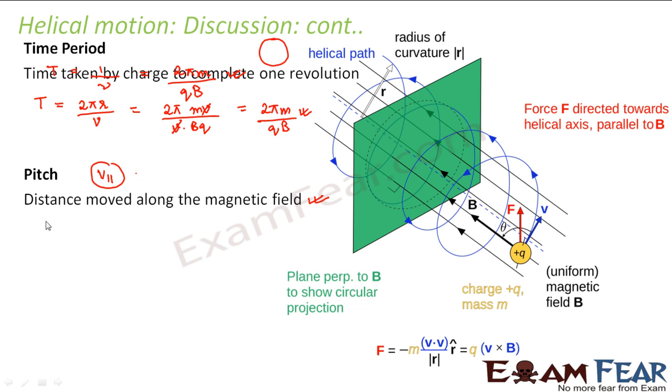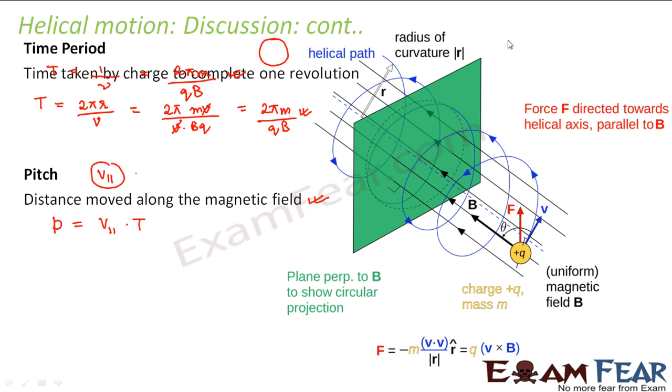So what is the distance moved? Let us denote pitch with P. The distance moved will be nothing but velocity into time. So velocity in this case will be the parallel component of velocity into the time period. Why time period? Pitch means the distance which it has moved while the circular motion has covered one revolution.